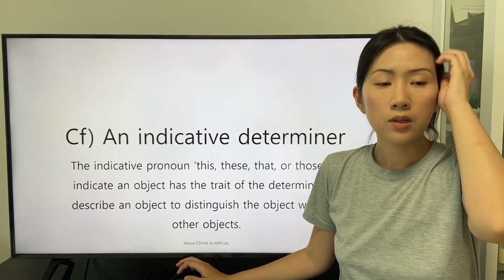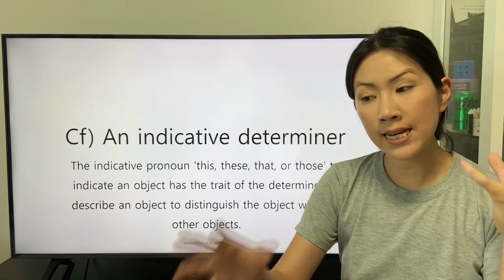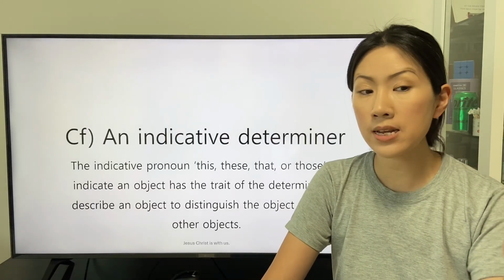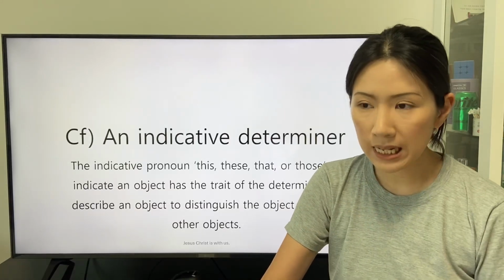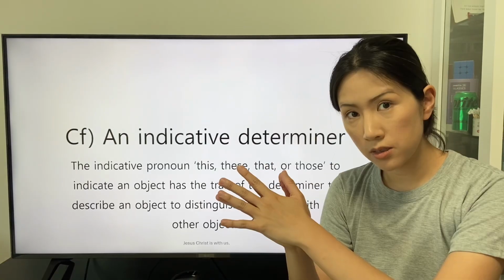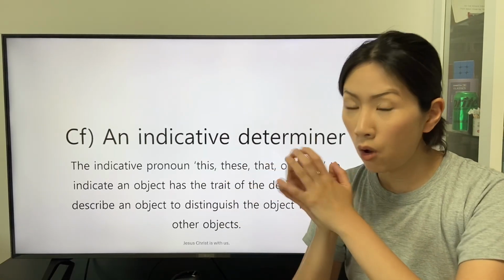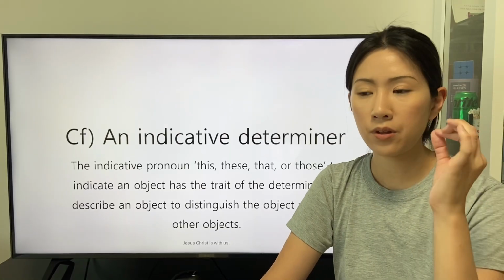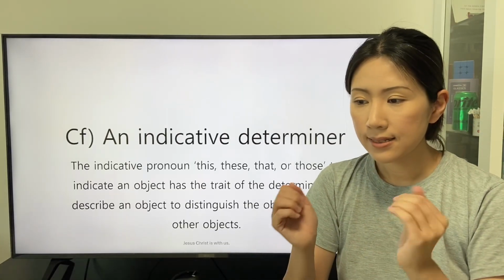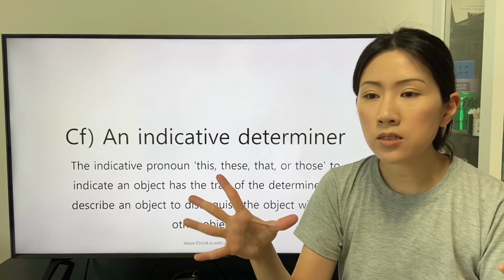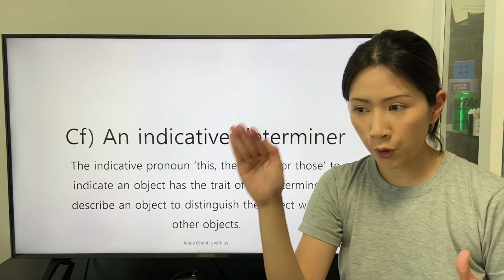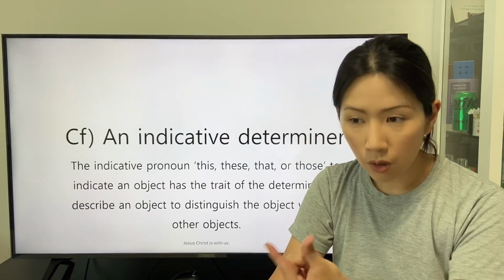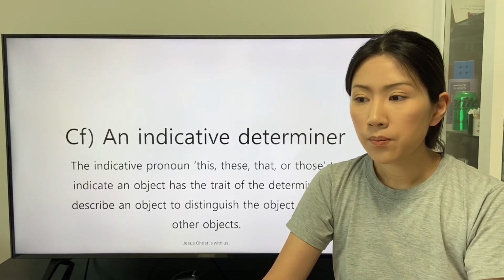There is a conference. An indicative pronoun is also applied as an indicative determiner to describe a noun or a pronoun. The description by the determiner reveals the range of the subject or object indicated by the noun or pronoun.